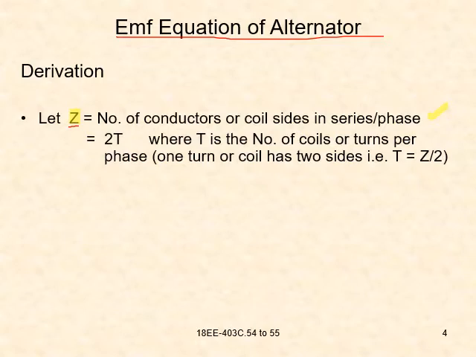That is equal to 2T, where T is number of coils or turns per phase. One turn of coil has two sides, therefore T is equal to Z by 2.